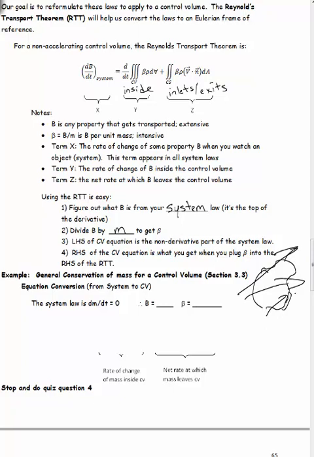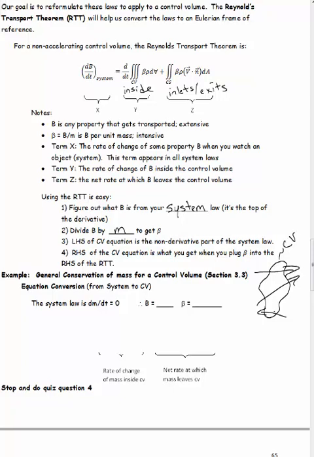So that scribble means that there's no specific inlets or exits, flow is just going through it. So you have some arbitrary control volume, and flow is going through it in every which way. Okay, very arbitrary. Usually we won't have that situation. We'll be able to simplify this.